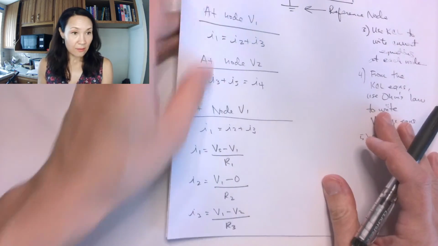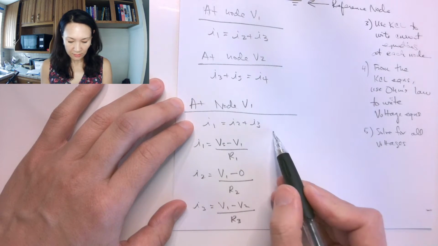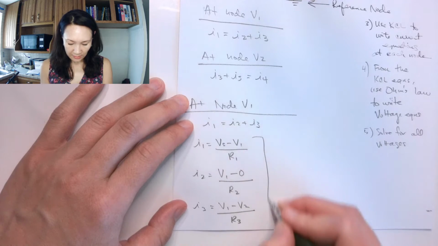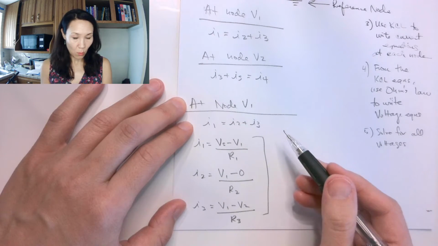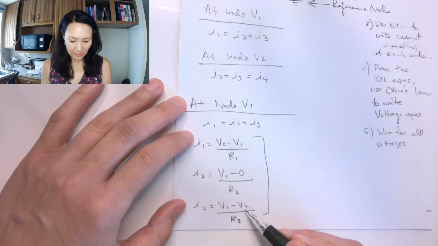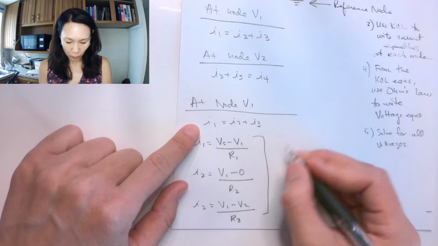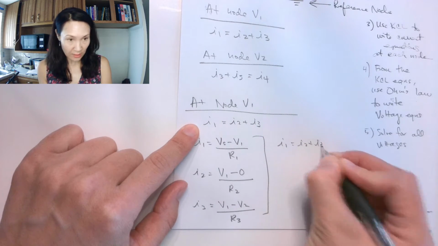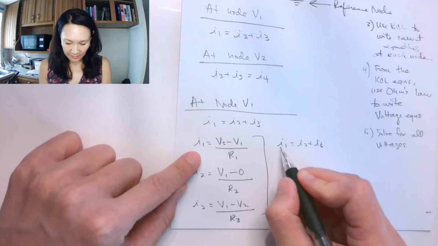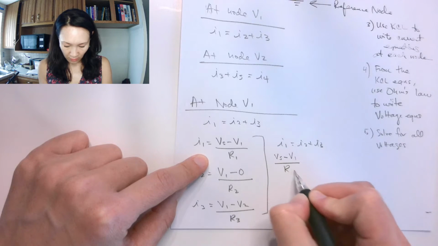So now I have my three currents. These three currents are related by this equation. So what I can do is take my KCL equation at node V1 and replace it with these voltage and resistance terms. I'm going to replace from my equation I1 equals I2 plus I3. In place of I1, I put Vs minus V1 over R1.